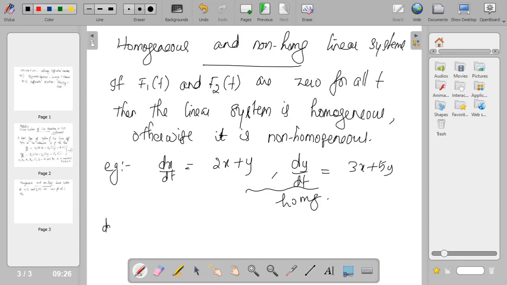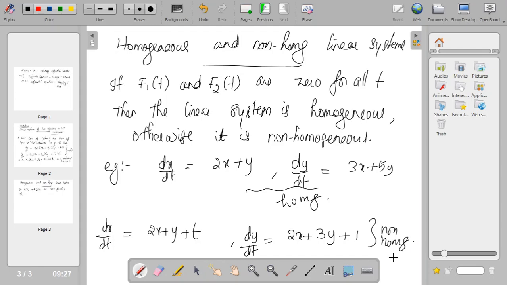And if you take dx by dt equal to say 2x plus y plus t and dy by dt equal to 2x plus 3y plus 1, this is a non-homogeneous system. So those are the two different types of linear systems. It can be homogeneous or it can be non-homogeneous.